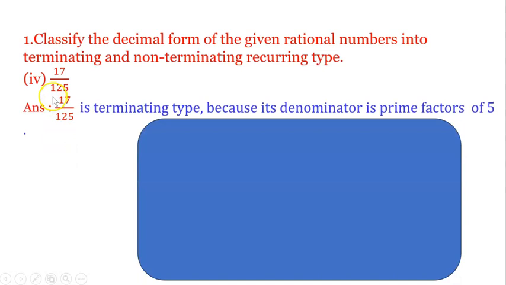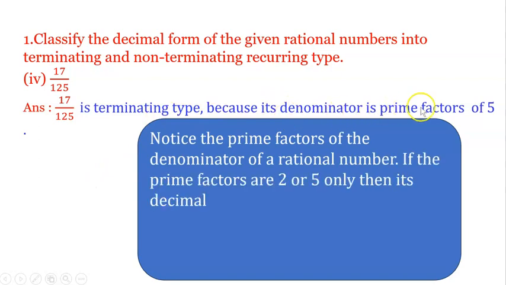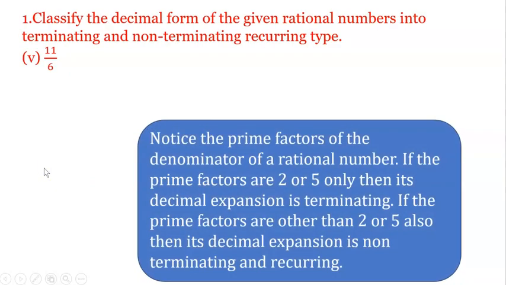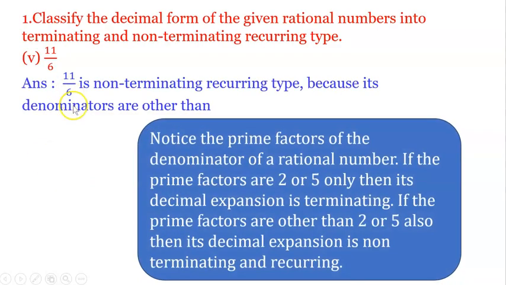Next, 17 upon 125 is a terminating type because its denominator has the prime factor 5. 11 upon 6 is a non-terminating recurring type because its denominator has prime factors other than 2 or 5.